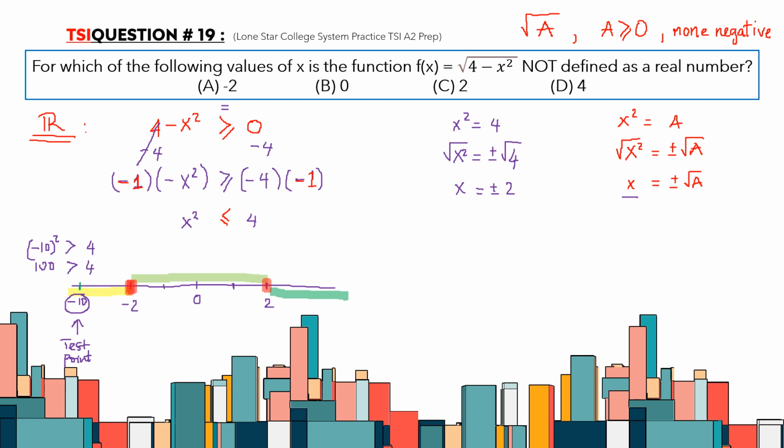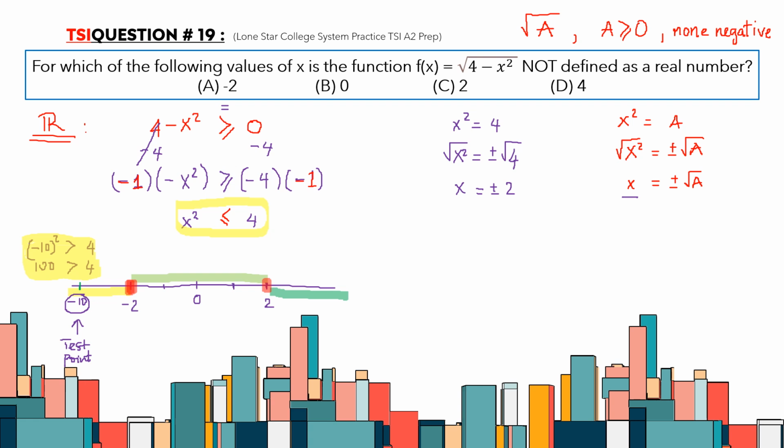100 has to be greater than 4. So the yellow region will have values of x that produce x squared greater than 4. But for this one, we need it less than 4.